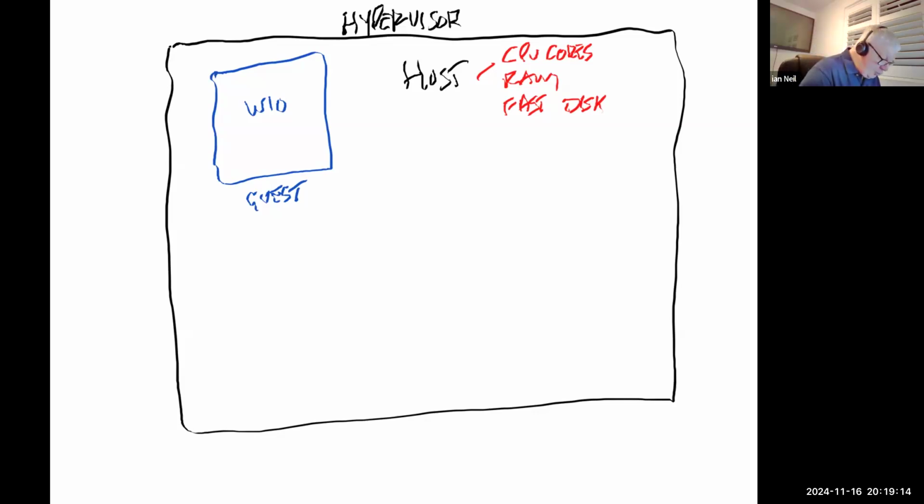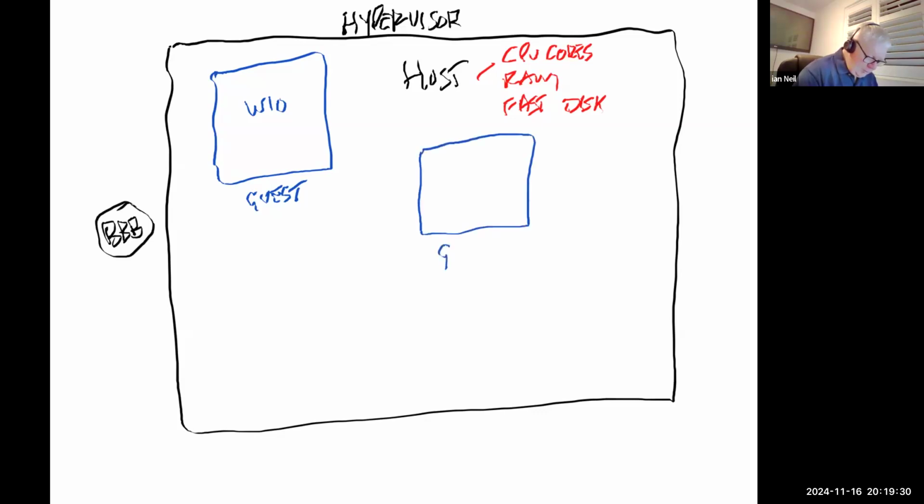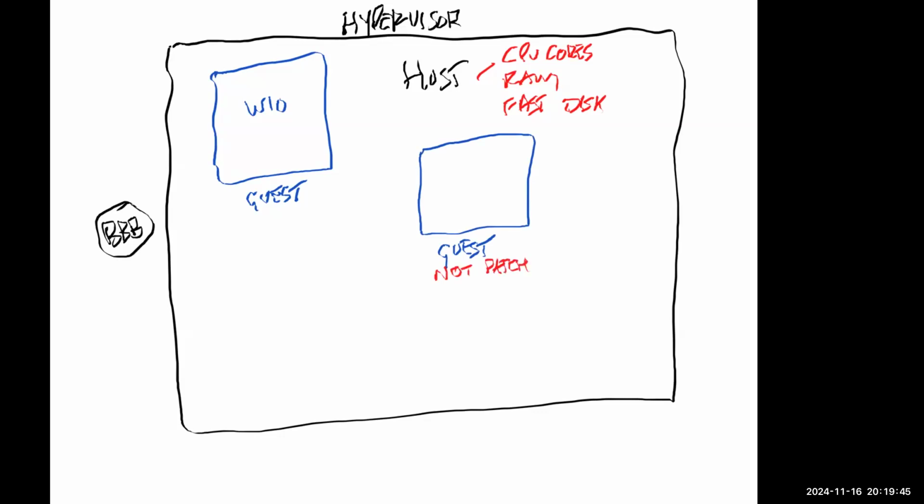So the person that's going to ruin the party this time is an attacker, and his name is Big Bad Bob. And what is Big Bad Bob looking for? He's looking for a guest that's maybe not patched. If I don't patch my guest virtual machine, what does that make it? It makes it vulnerable. Yep.